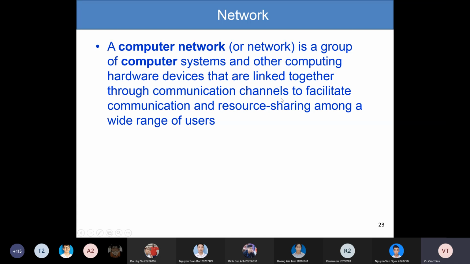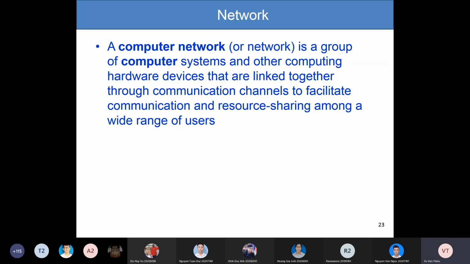So when you talk about a computer network, there are three things that we should remember. The first is a group of computer systems and other devices. For example, in my home, I have some laptops and some desktops, and also I have a TV.